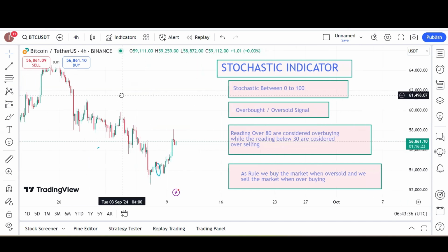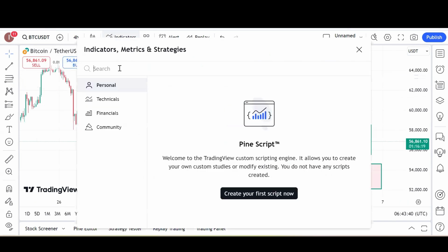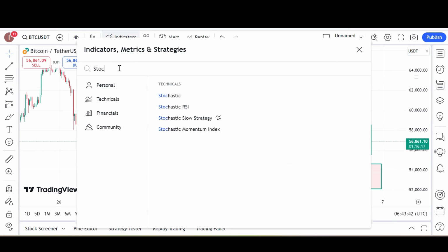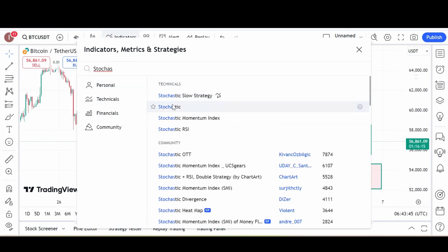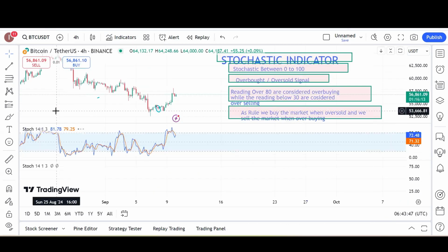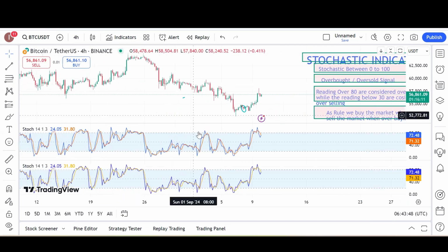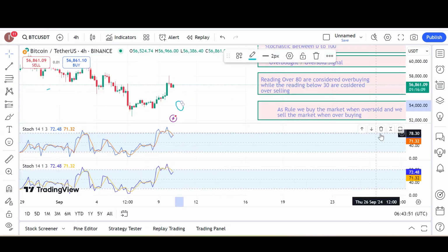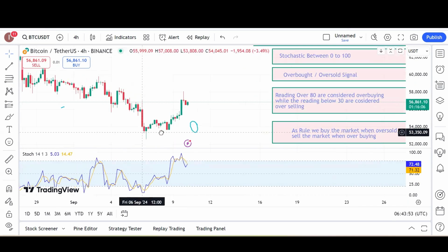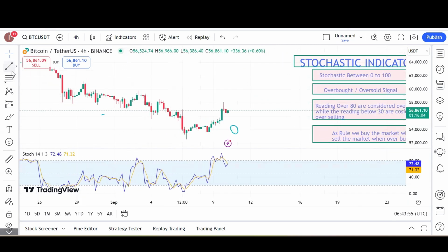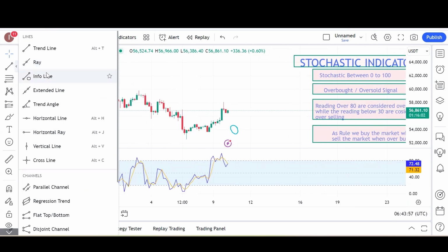So simply go to tradingview.com, open the toolbox and search for stochastic. As you can see here, we mark two lines.